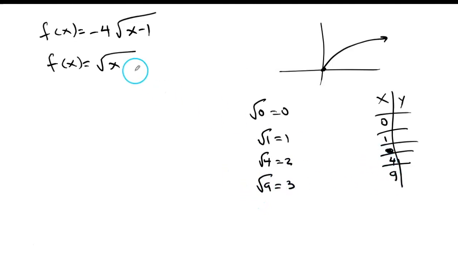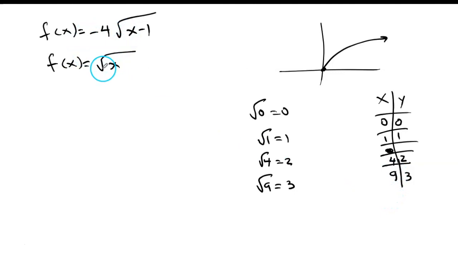I'm plugging those values inside my function. So you're creating a table of values, right? I plug in those values and I get 0 here, 1 here, square root of 4 is 2, square root of 9 is 3. So I have a table of values. So this is how it looks. If I need to graph, those are the precise numbers. Any of these functions, you can create a table of values.